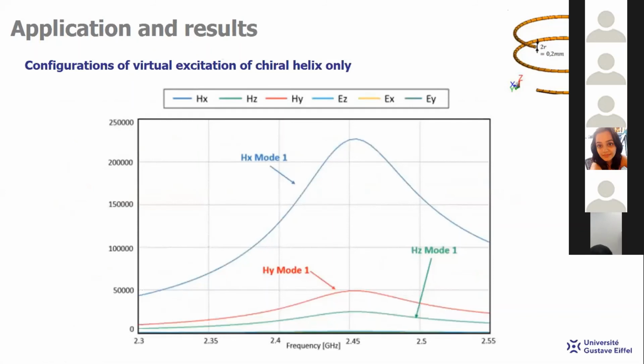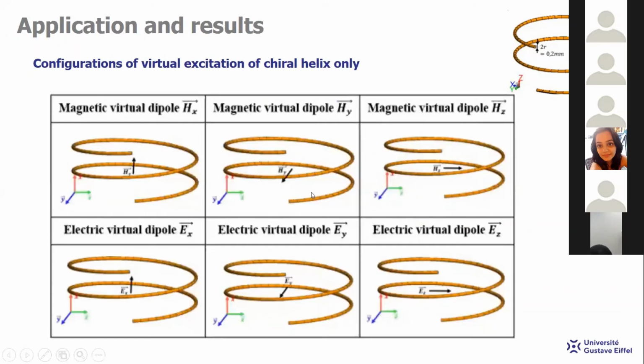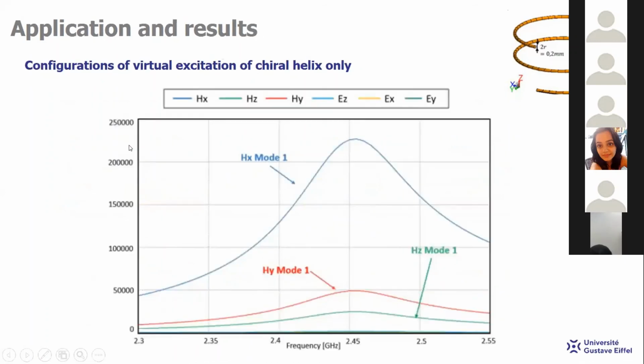As we can see, the highest modal significance coefficient is in the direction of HX, so the magnetic field is excited in this direction, towards the axis of the helix. After that we have the configurations HY and HZ, but the best response is when the magnetic dipole is placed in the HX position.